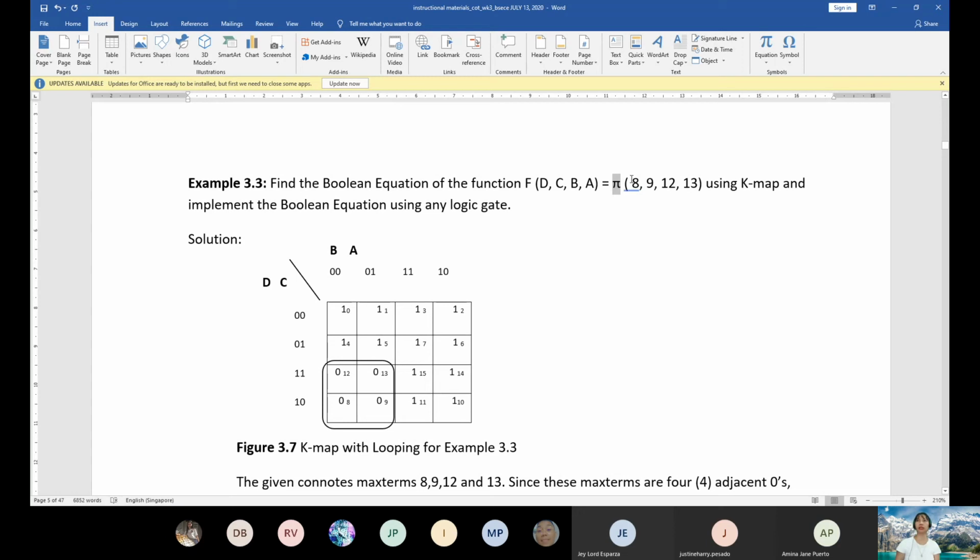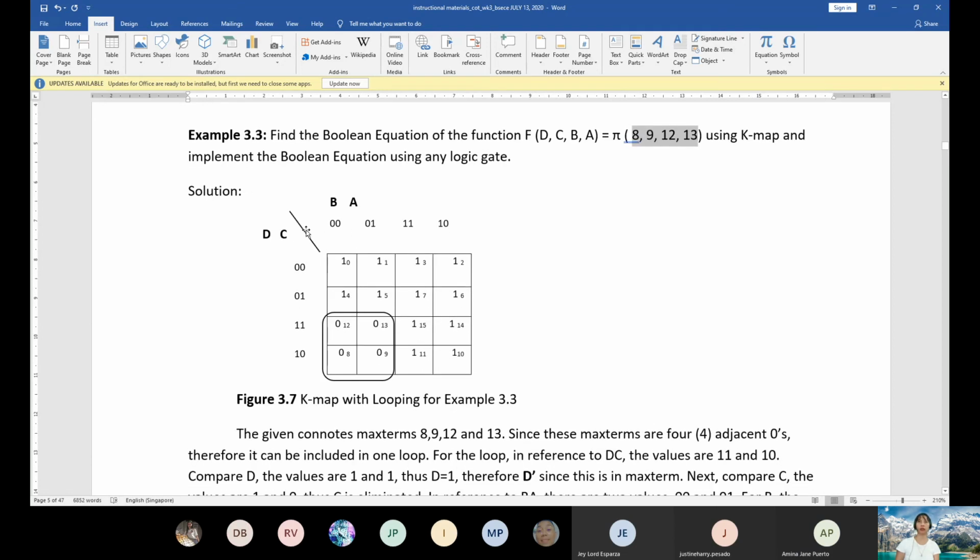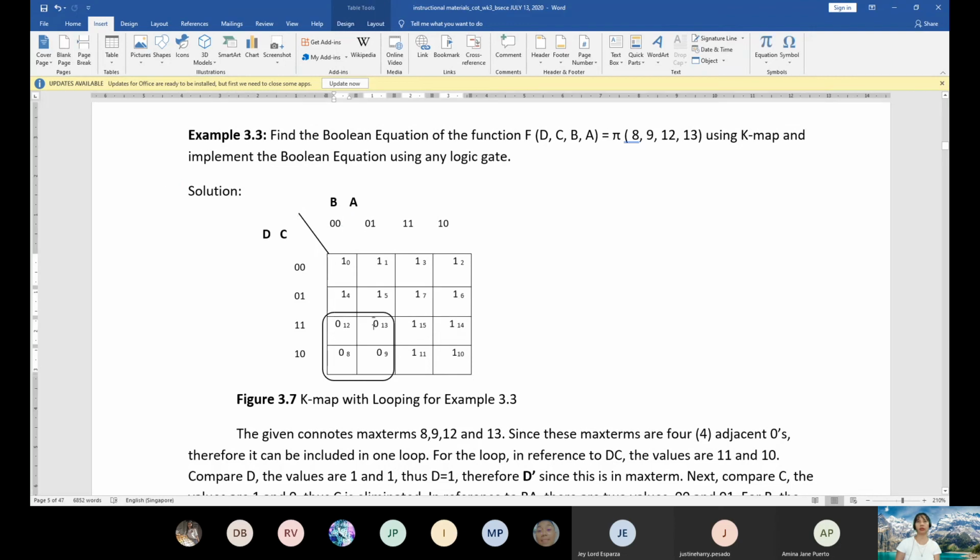That means these numbers 8, 9, 12, 13 have an output of 0. The rest are ones. So we have 8, 9, 12, 13 with an output of zeros, and the rest are ones.